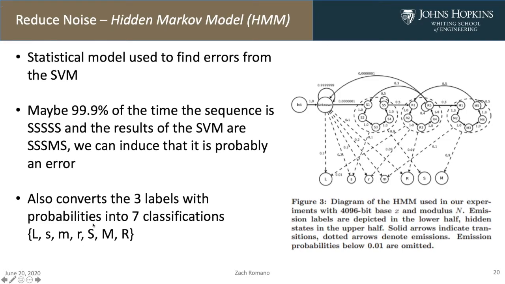And then we have our capital S, M, and R, which say, these are very high confidence that it was a square, a multiply, or a mod reduce. And we can see a picture over here denoting how the HMM model works. So you take your inputs and you end up at one of these 7 classifications.